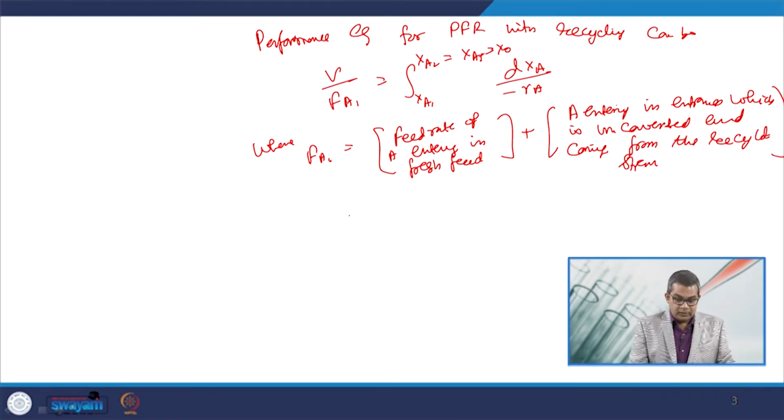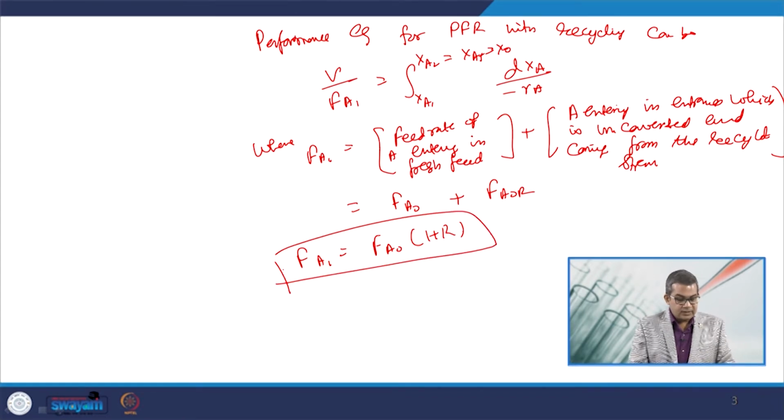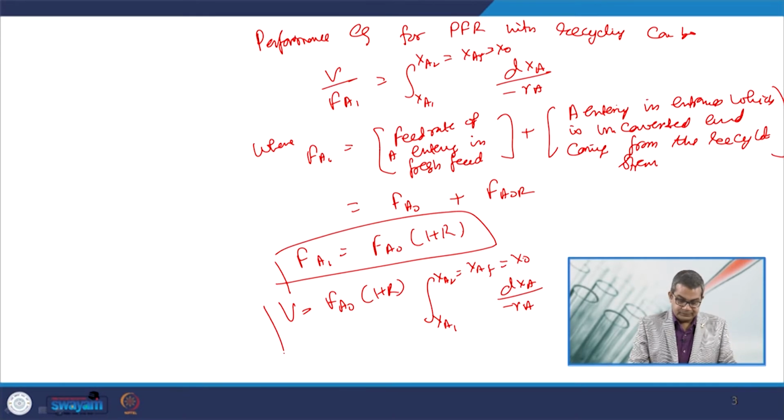So, mathematically, that will become FA naught plus FA naught R, or FA1 will become FA naught (1 plus R), where R is the recycle ratio. Now, V can be represented as V is equal to FA naught (1 plus R) times the integral from XA1 to XAF of dXA upon minus RA.